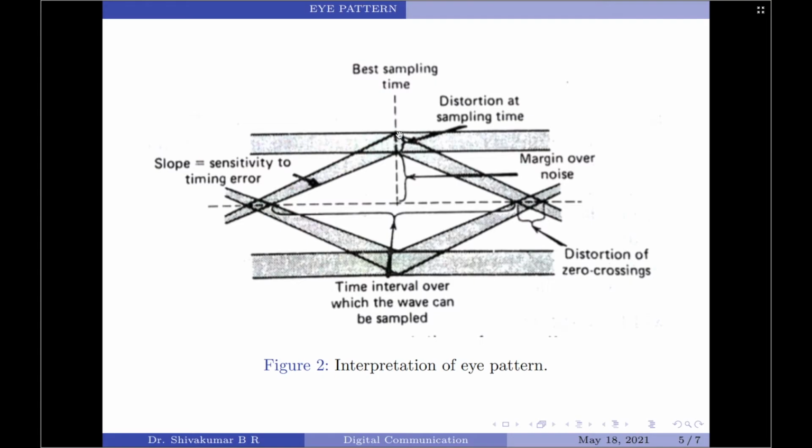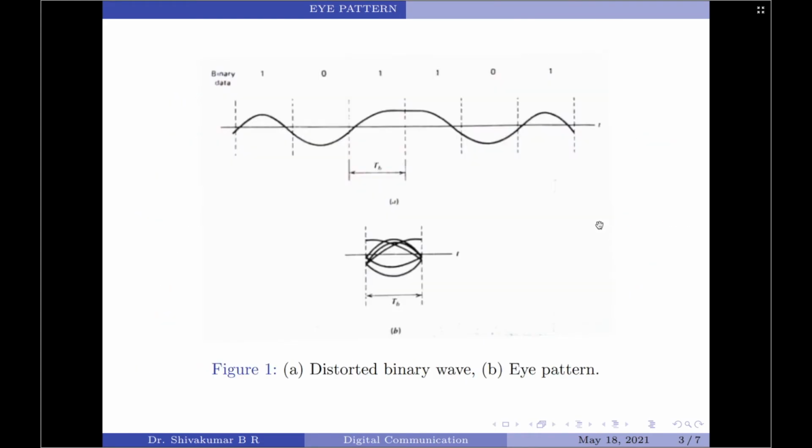Further, the width of either the upper or the lower trace will provide information about distortion that can be produced at the sampling time, and the width of the eye trace where the traces from the upper and lower portions overlap provides information on distortions of zero crossings. We can understand distortions of zero crossings by looking into this diagram.